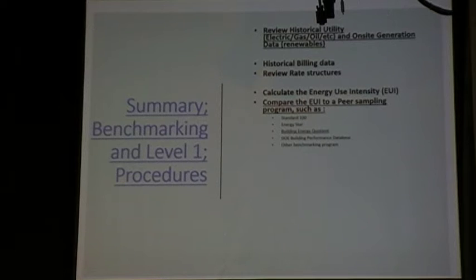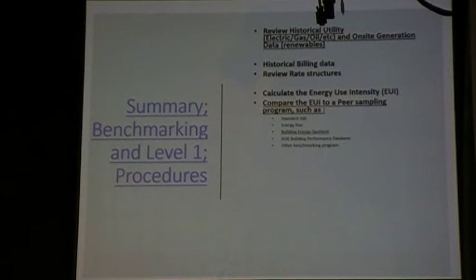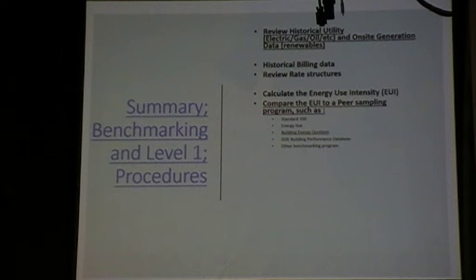So obviously, you have to look at the utility bills, the electric, the gas, all the means of energy that comes in and out of the building, which also, of course, includes renewables, photovoltaics, thermal storage, all kinds of those things as well. Once you do that, then you calculate what we call an EUI, right? An energy use index.